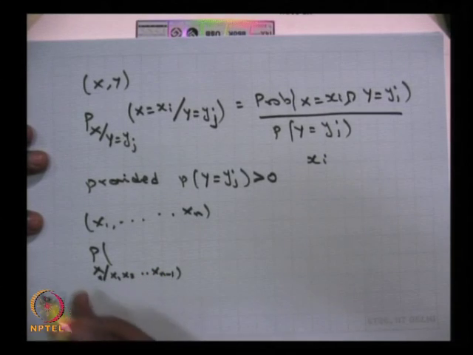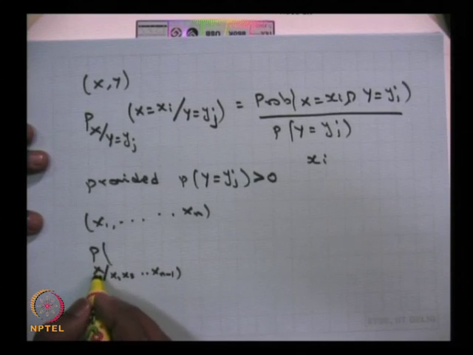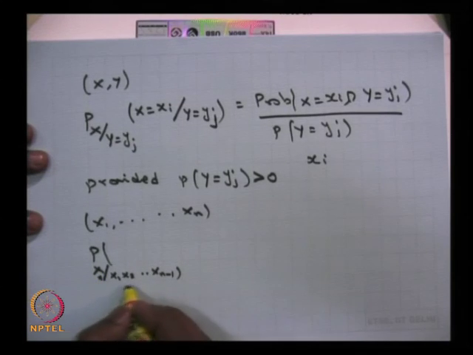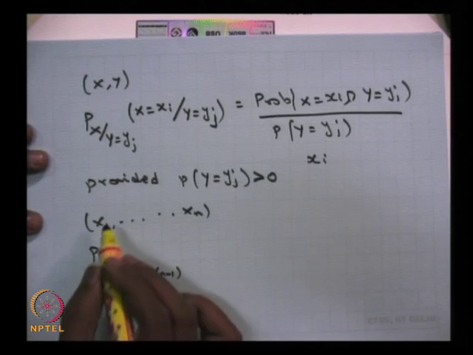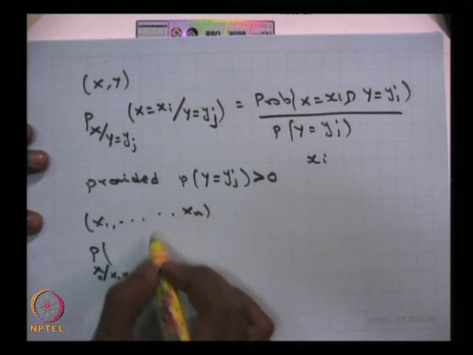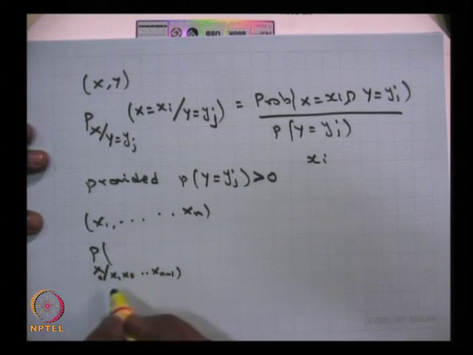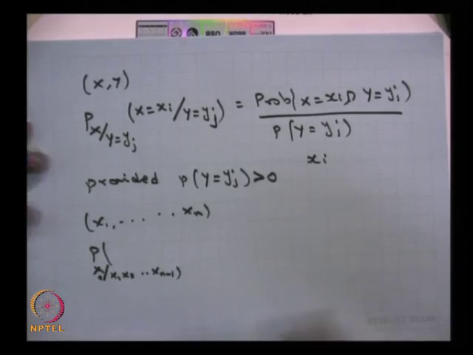It is still a one-dimensional random variable xn, given that the random variables x1 to xn minus 1 have already taken some particular values. Similarly, you can go for the joint distribution of a few random variables, given that all other random variables have already taken some value.